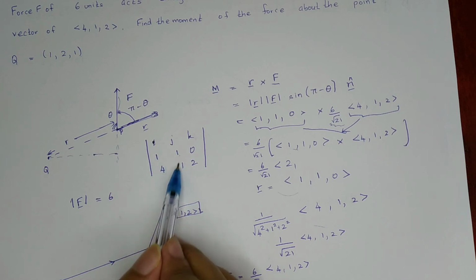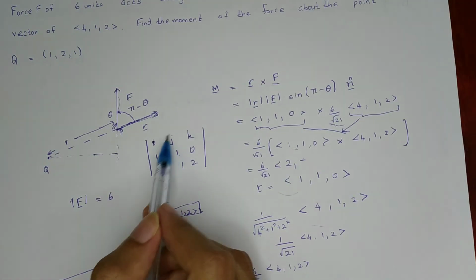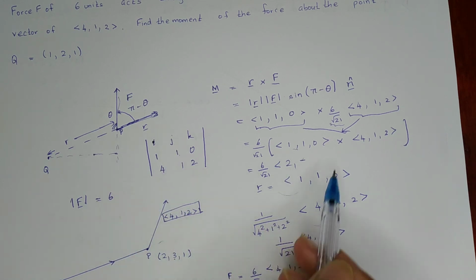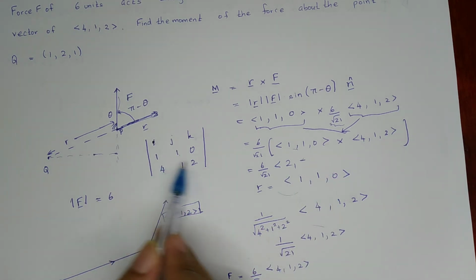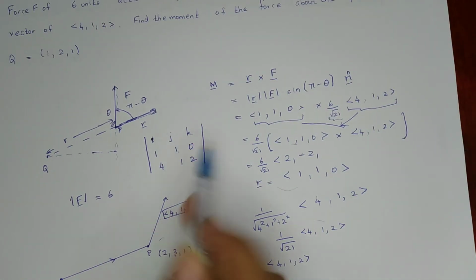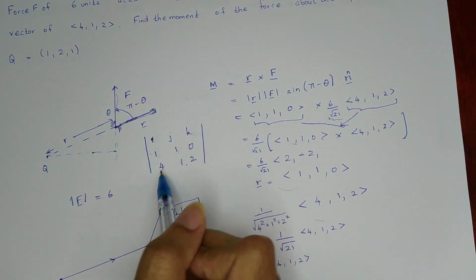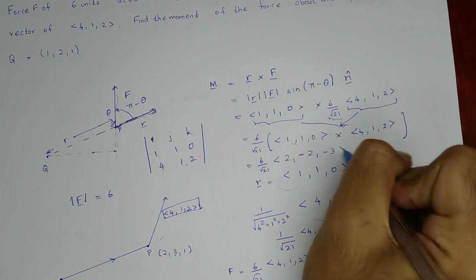When I'm considering the y direction, I need to put the minus sign over here. When you are using the j, the second column, you need to put the minus sign. After that, you cross multiply 1 into 2 minus 0, so it's going to be minus 2. And if you are considering the k point, it's again plus, then you need to multiply 1 into 1 minus 1 into 4. It's going to be minus 3.